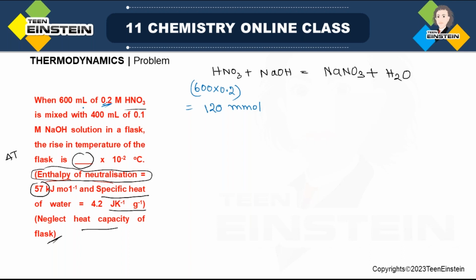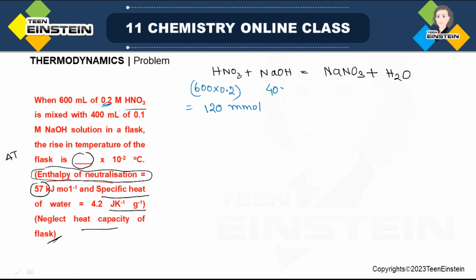So 1000 ml contains 0.2, that means 600 ml will contain 0.2 divided by 1000 multiplied by 600. If you omit this 1000, it is basically 600 multiplied by 0.2. This is actually in terms of mole, but if you remove 1000, it will be in millimole. So I have written it directly here. In terms of millimole, this is 120.